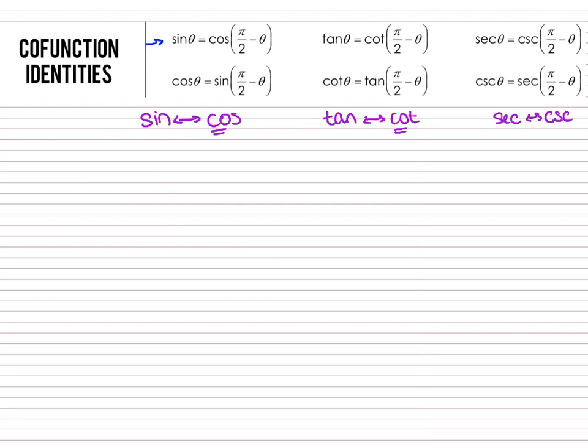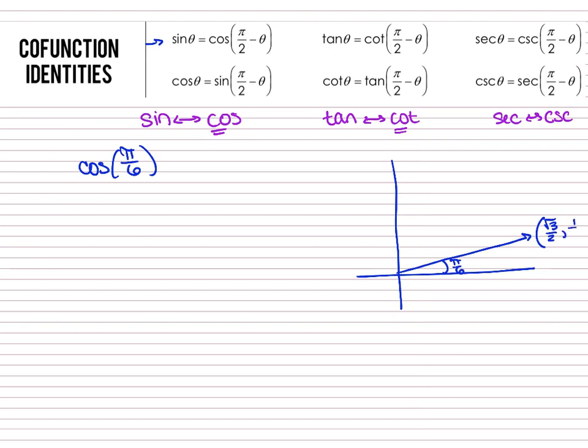Say we have the cosine of pi over 6. Let's go back to our unit circle. I'm just going to draw quadrant 1 for now. Pi over 6 is that first angle here. If we think back to our coordinates, the cosine is the square root of 3 over 2, and the sine is 1/2.